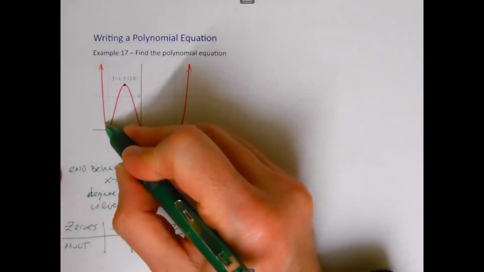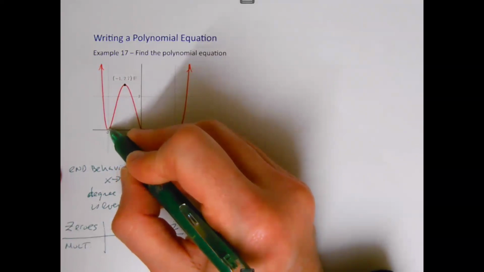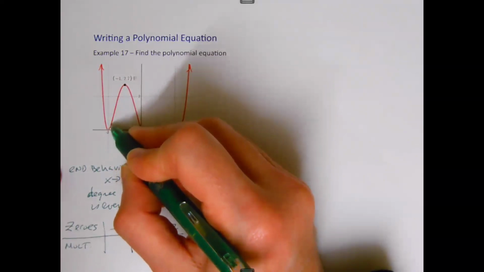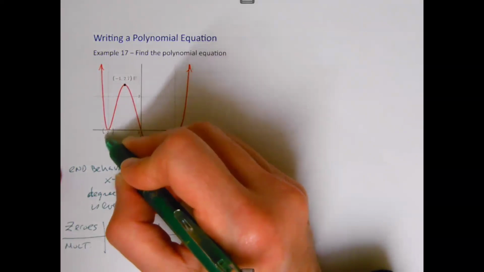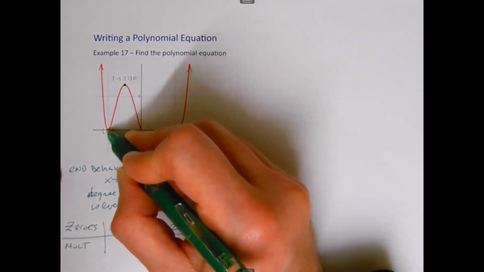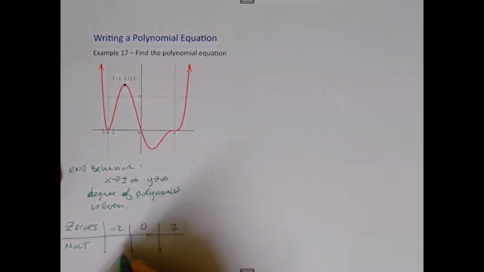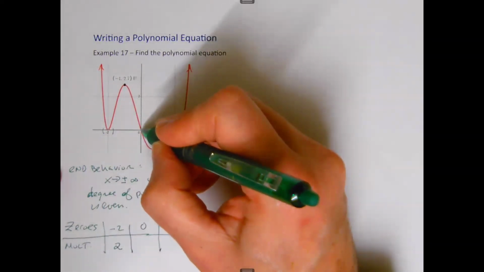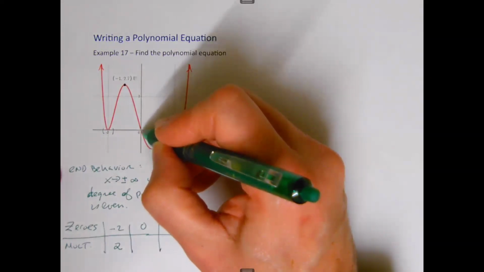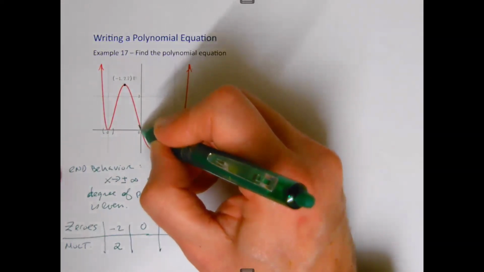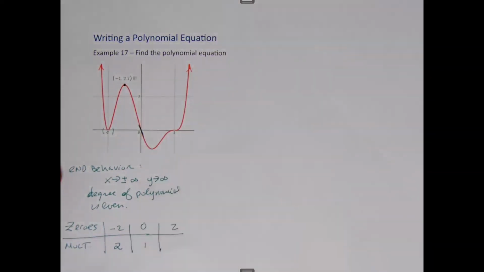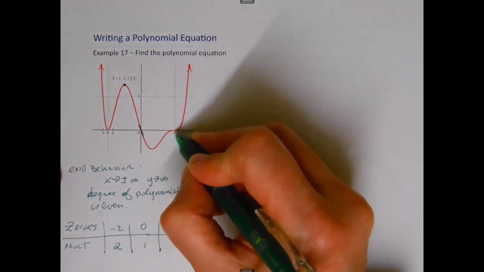Okay, so to determine the multiplicity, I look at the local behavior. Right around -2, I'm looking at a little parabola. That means the multiplicity could be 2, 4, 6, 8, but I'm going to choose the smallest one, 2. Then I look at the next one, the multiplicity for 0. Look, it looks like a straight line to me. So this must be a multiplicity 1. Now look at this next one, 2.